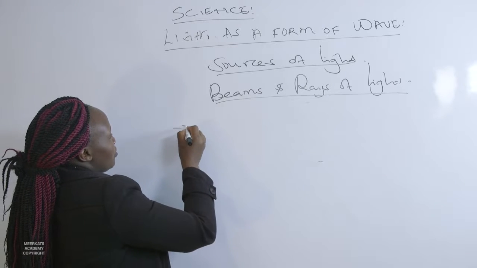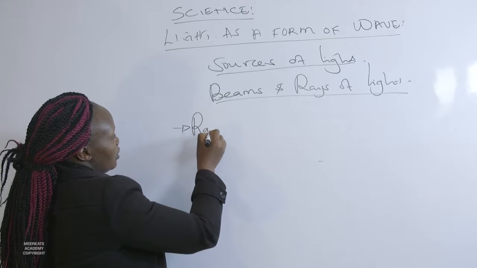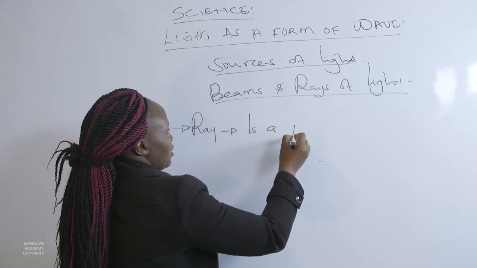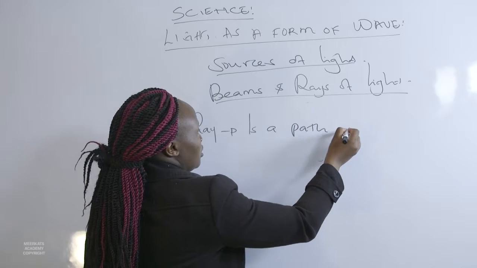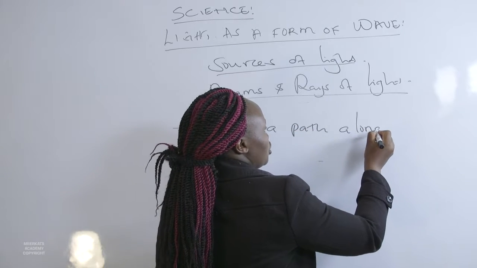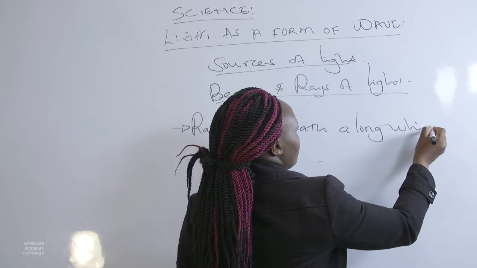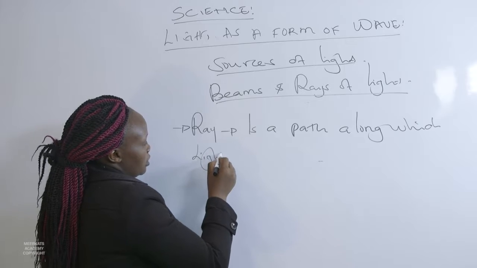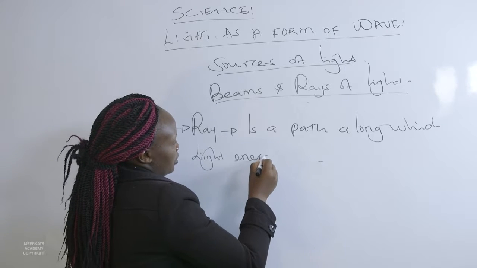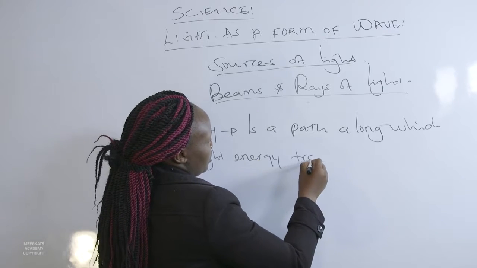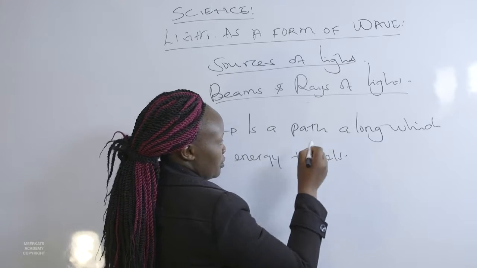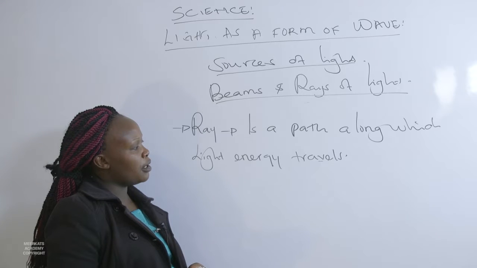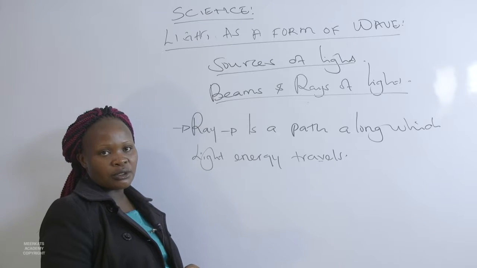Probably we can start by defining a ray, and this one is a path along which light energy travels. It's that path along which light energy is going to travel.